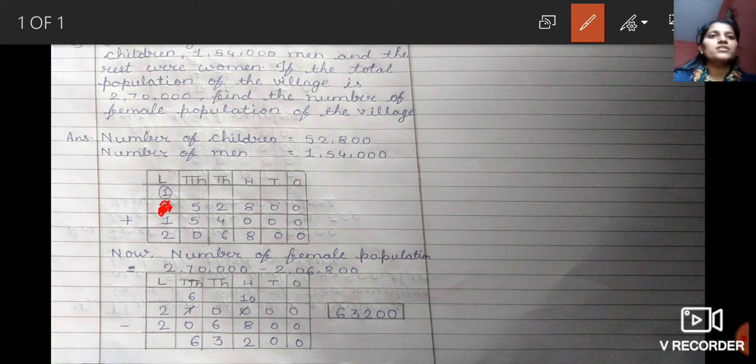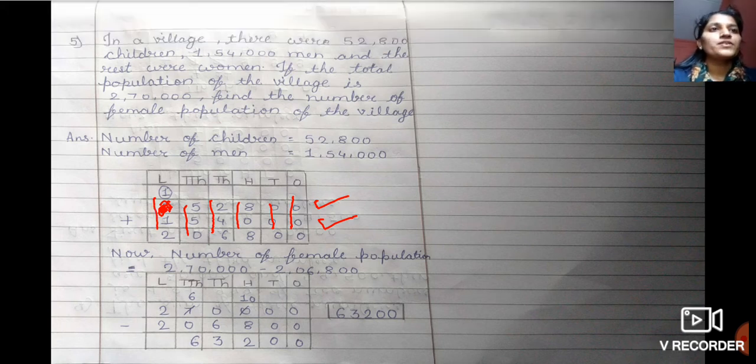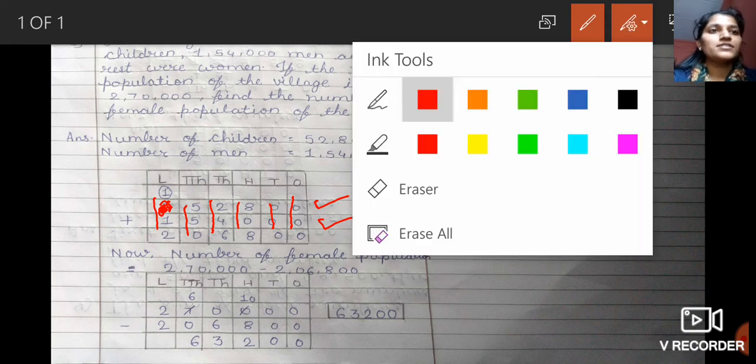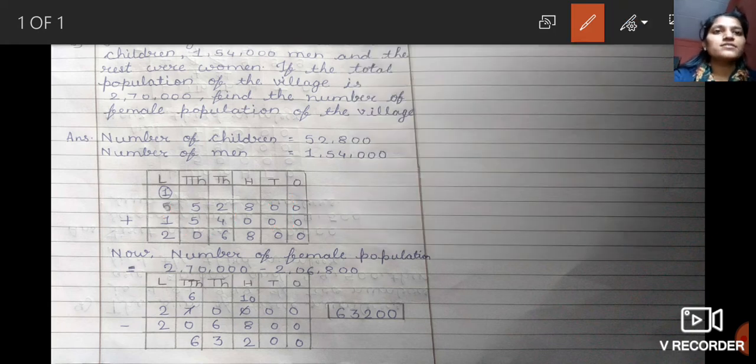First of all I have added ones place 0 plus 0, 0, tens place 0 plus 0, 0, 100s place 8 plus 0, 8, thousands place 2 plus 4 is equal to 6. Okay, then 10,000s place 5 plus 5, 10, 0 and 1 will be carryover, and lakhs place 1 plus 1, 2. Okay, so our answer will be 2,06,800.